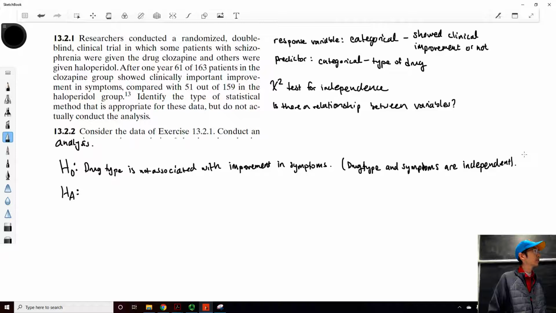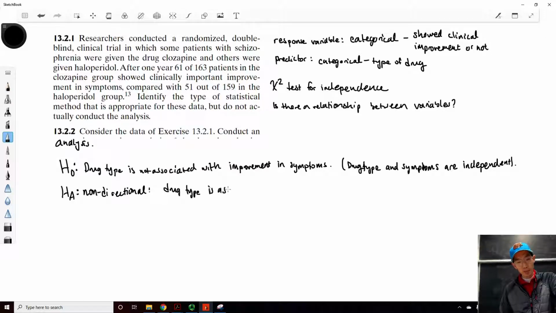Can we have a directional alternative for this thing? We can, okay? A lot of chi-square tests are non-directional. But when you only have 1 degree of freedom, and we only have 1 degree of freedom here, we can have a directional one, right? So non-directional would just be drug type is associated with improvement.